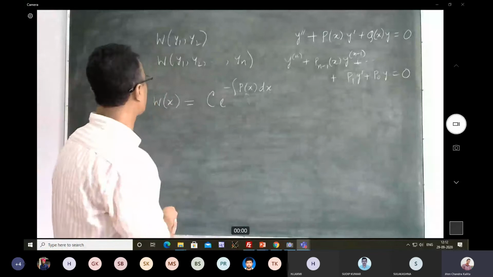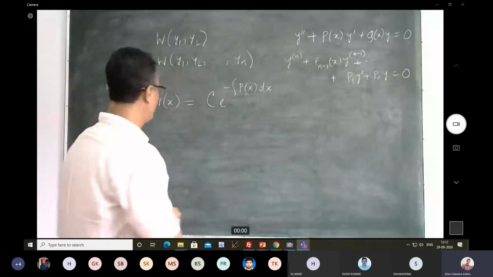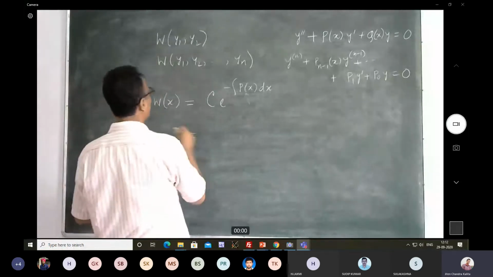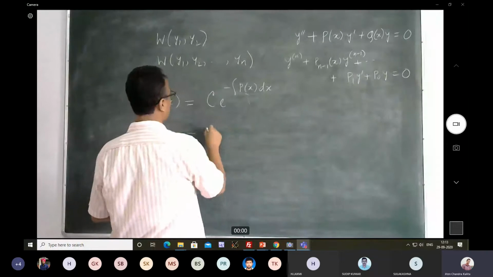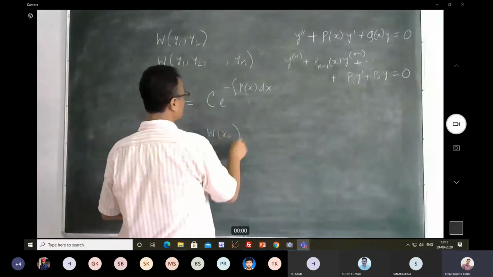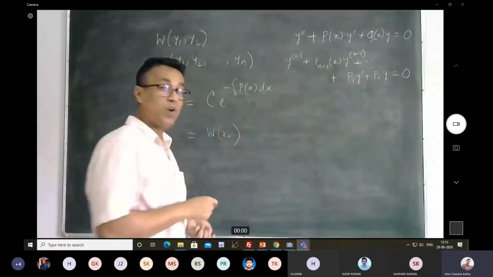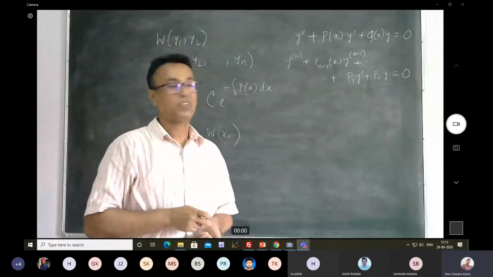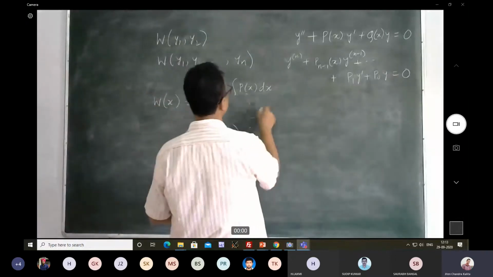Now, many of you asked how to find out the constant C. Like I can simply write it as the Wronskian at the point x0, where your initial condition is specified, and then I can simply write it.